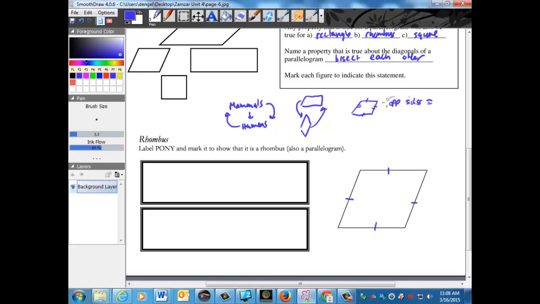This is still true for a rhombus. It's true that I can say opposite sides are congruent, but it's also true that all sides are congruent, whereas in the parallelogram it's opposite sides. So we just substitute the word all for the word opposite in a rhombus.